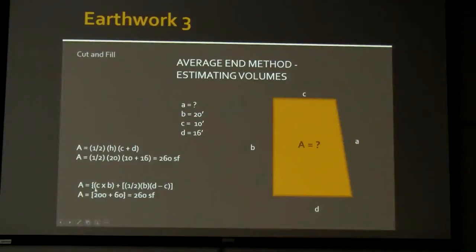Again, another formula would be A is equal to C times B, plus the area of the triangle over here, which would be A as the hypotenuse, B as the height, and then this area in D here is actually D minus C. We have B as our height, so it's D minus C times one half, I'm sorry, divided by 2, times B as the height, plus the area of C times B, and we come up with the same formula.